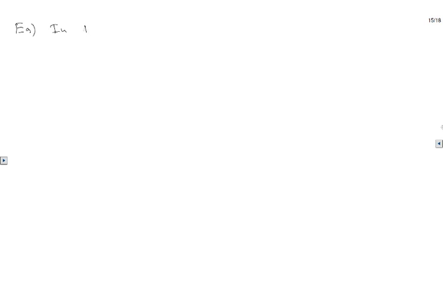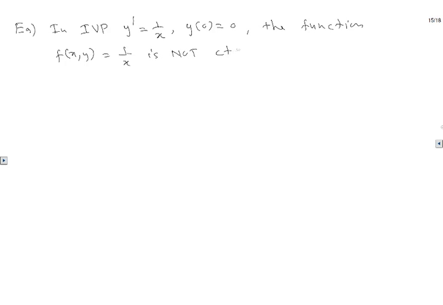In the initial value problem y prime equals 1 over x, y(0) equals 0, you can see the function f(x,y) equals 1 over x is not continuous in the domain, at least near x0, near (0, 0).